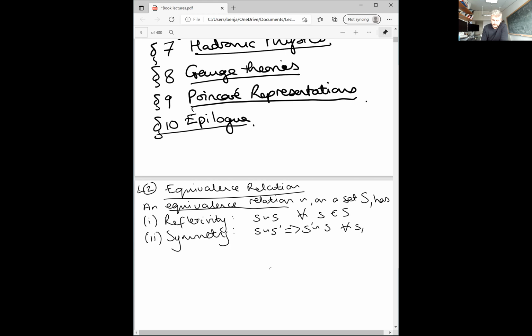So this is for all elements of the set. And thirdly, we have transitivity. And what this means is if we've got 3 elements and elements 1 and 2 are related and elements 2 and 3 are related by the equivalence relation, that means that elements 1 and 3 are related.